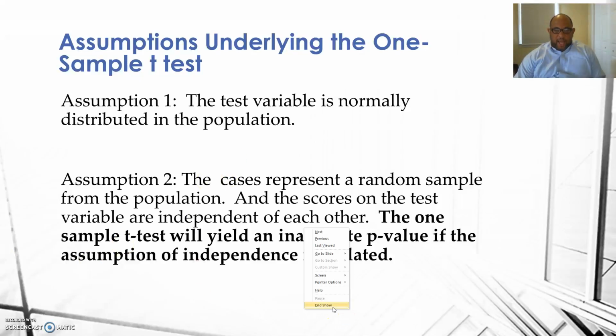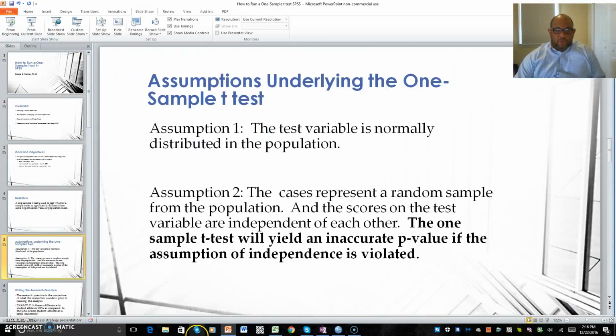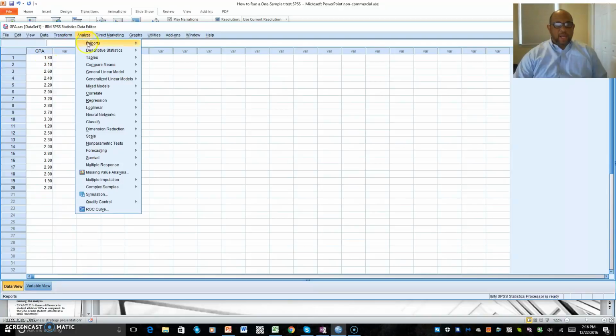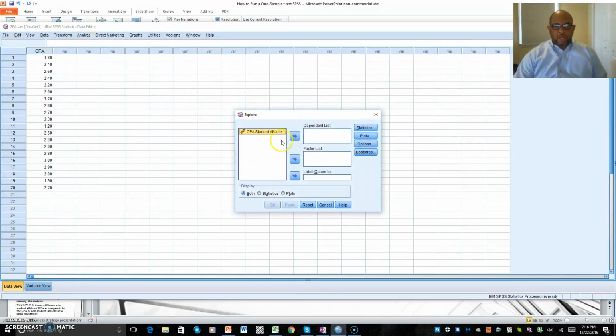Let's test assumption one. As we can go to our data set here, we have a GPA of the student athletes. And if we go to Analyze, Descriptive Statistics, Explore, you can see here we have GPA, student athletes. We will click that over to Dependent List.